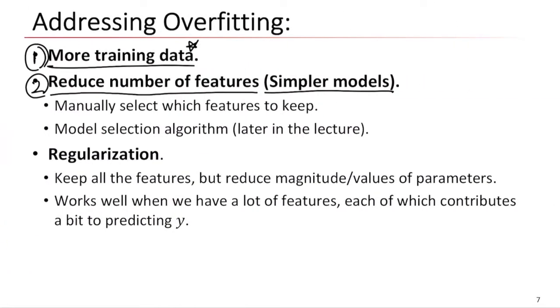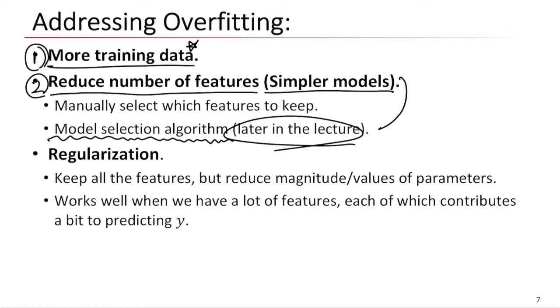So we have to choose our training model carefully. So that's why we need a model selection algorithm, which will be discussed later in this lecture. Okay, so this statement means we have to choose the proper model for the training data.